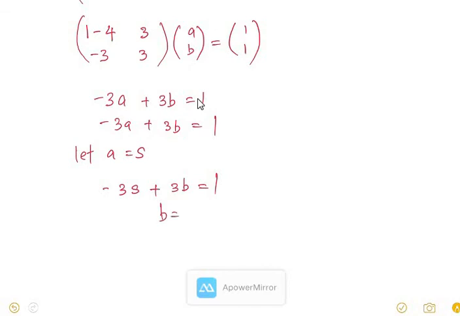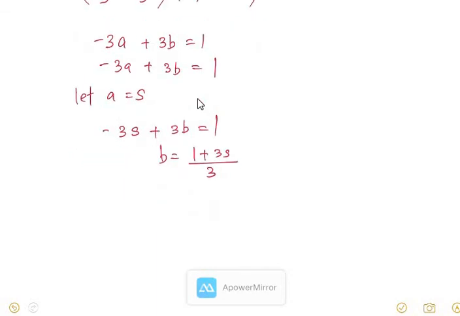So B equal to 1 plus 3S over 3. Then we assume again the S is equal to 1.